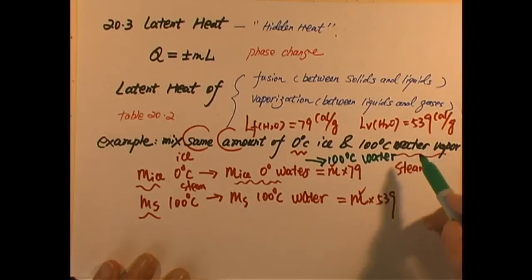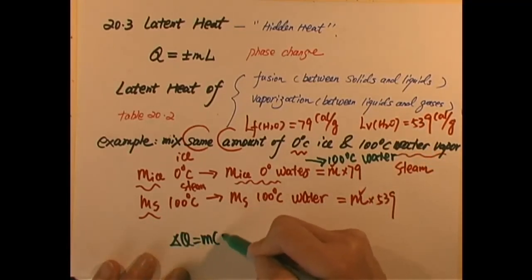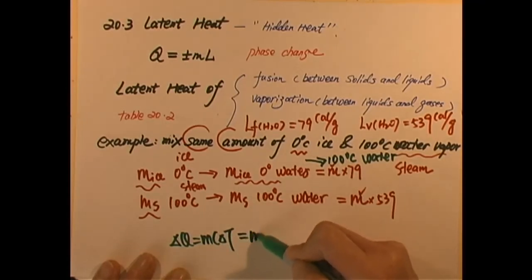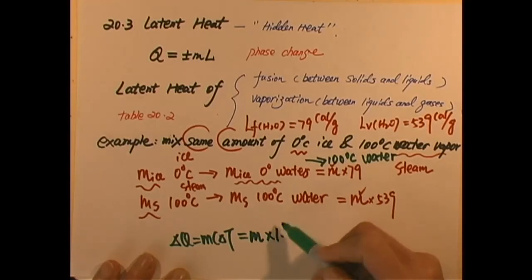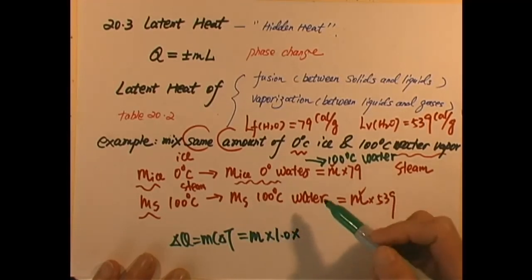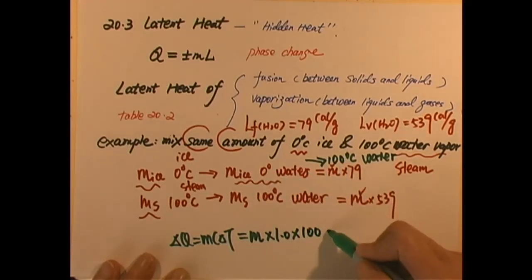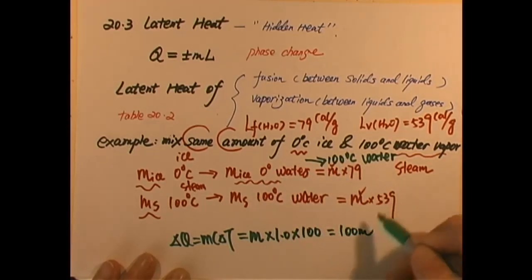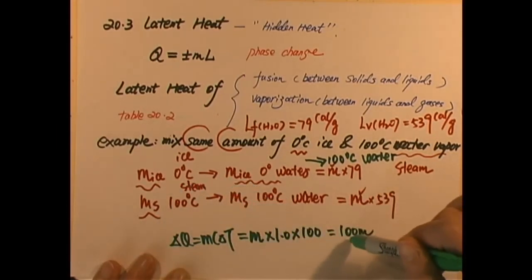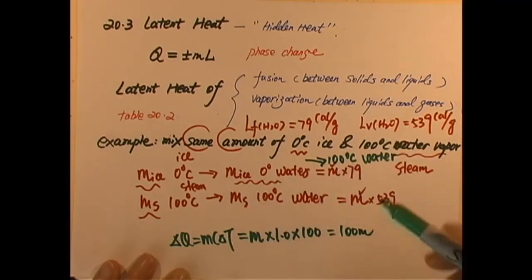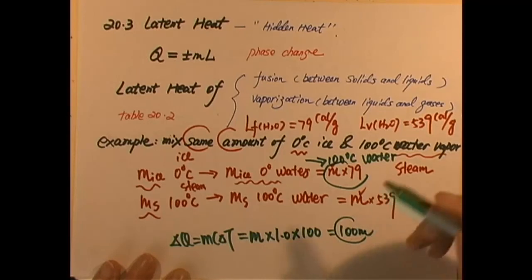As a matter of fact, for that part, because delta Q equals m c delta T, we have this much of 0 degrees water now. It's water, specific heat is 1, change in temperature, final is 100 degrees, initial 0, those times 100, so it needs 100 m. So for the ice, melting plus increasing temperature from 0 degrees water to 100 degrees water, the total is actually 79 m plus 100 m.